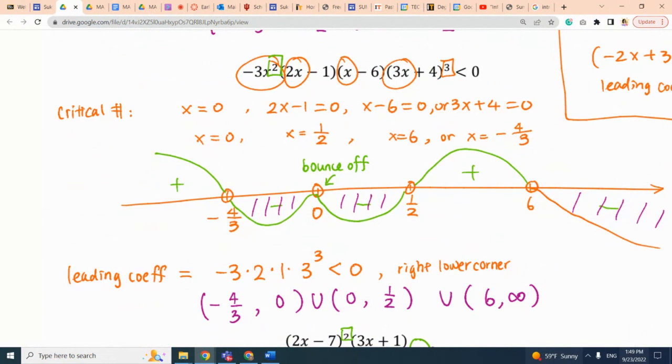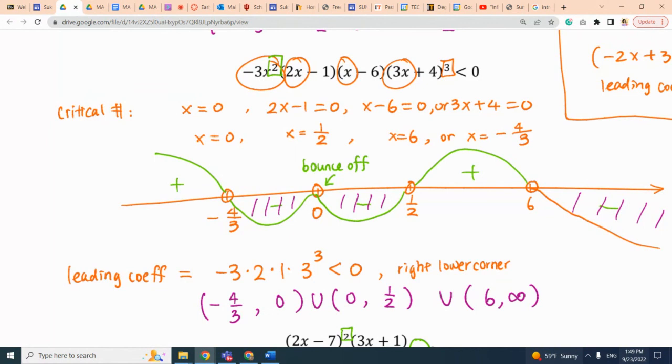Don't forget the x squared. So x equals 0. That's the first factor. And 2x minus 1 is 0. X minus 6 is 0. 3x plus 4 is 0. Right? Do you get four critical numbers? 0, 1 half, 6, and -4 thirds? So -4 thirds is here, and then 0, and then 1 half, and 6.